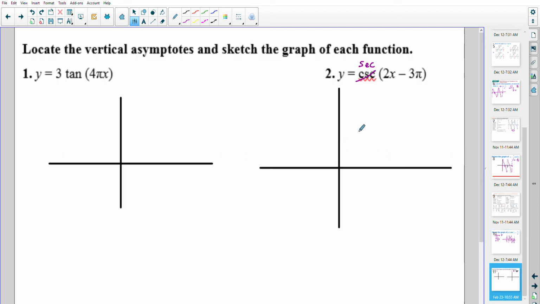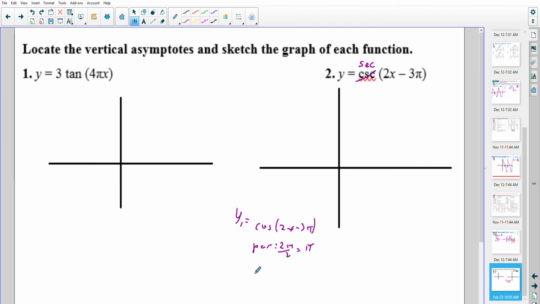Let's take a look at another graph. y equals secant of 2x minus 3 pi. Again, I want to think about graphing the cosine of 2x minus 3 pi. And therefore, I have to get my period, which is going to be 2 pi over 2.